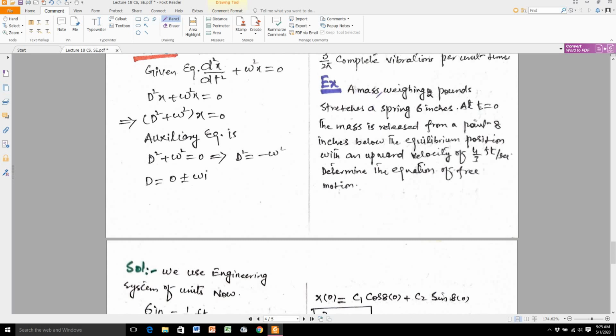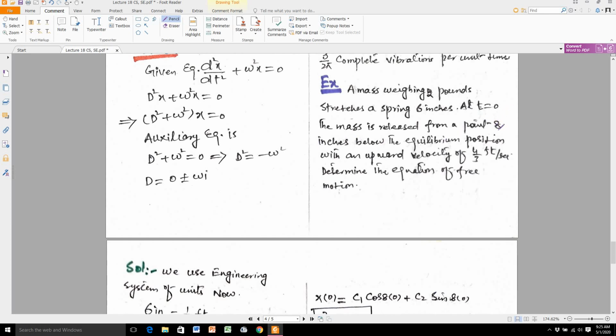One more time. A mass of weight W is equal to 2 pounds stretches a spring, so we take this as x. At t is equal to 0, the mass is released from a point 8 inches below the equilibrium.